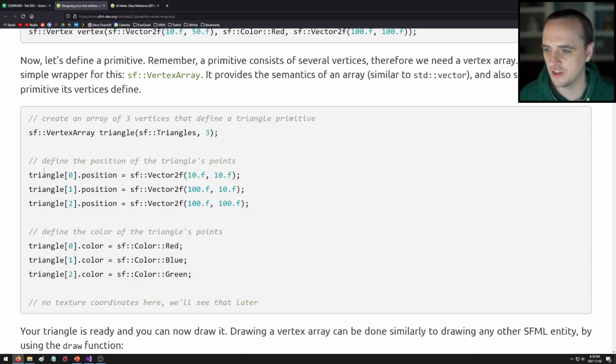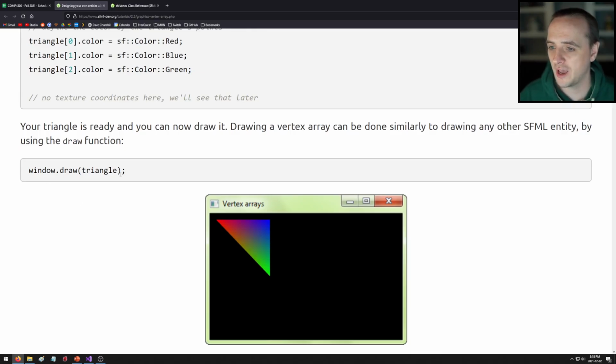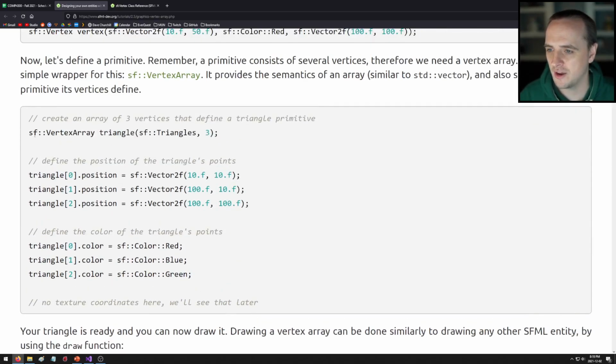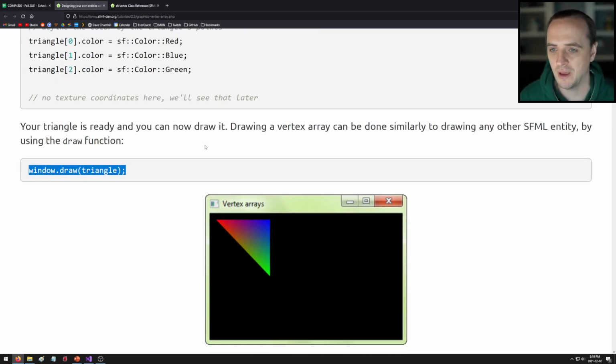So there's 3 vertices, they've set the positions, and they've set the colors. Now that you have this vertex array object, you can just tell SFML to draw the vertex array. And based on what they have here, here is what's output.